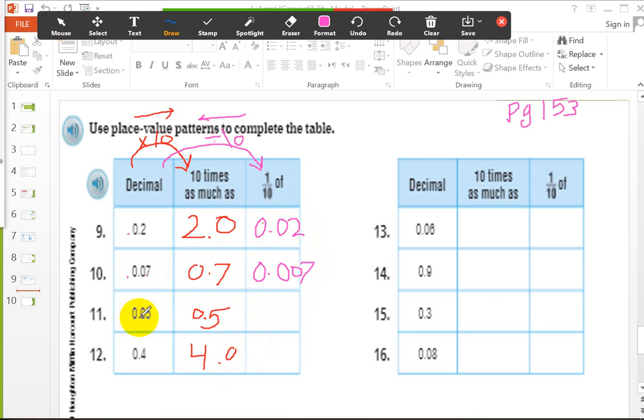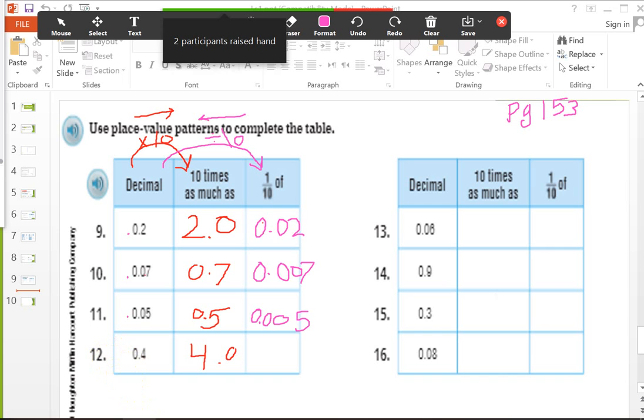Now, let's move this point to the left, just one digit. It will be right here. So the number will be 0.005. Let's move this decimal point to the left, just one digit.